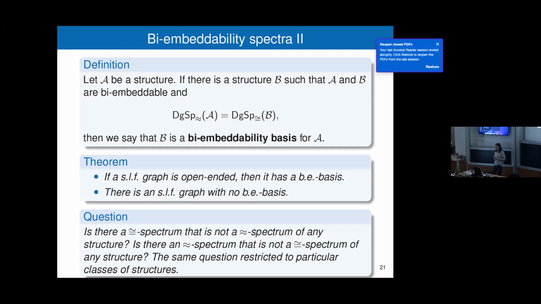As I said, it's quite tricky to do something with it. And the main question here: can we distinguish between isomorphism spectra and bi-embeddability spectra? So is there an isomorphism spectrum that is not a bi-embeddability spectrum and vice versa, maybe restricted to some particular natural classes of structures?